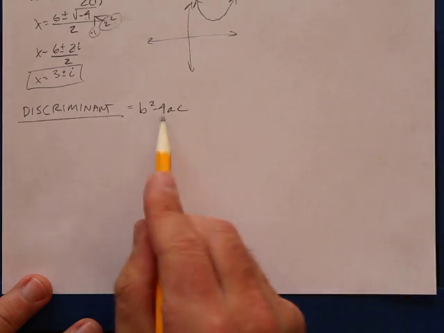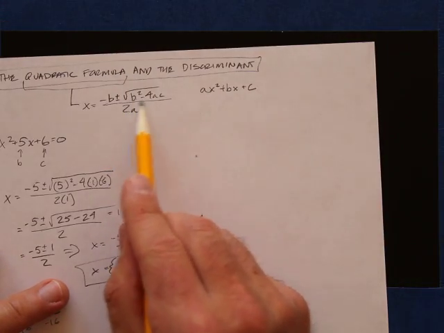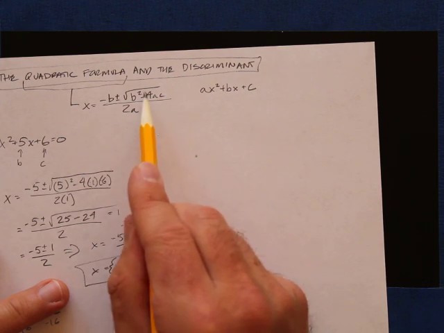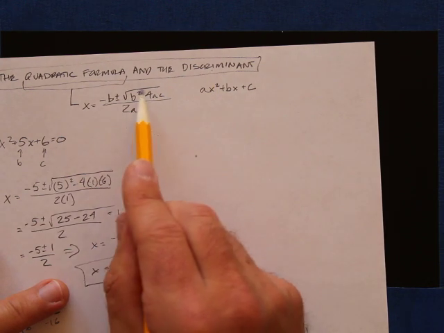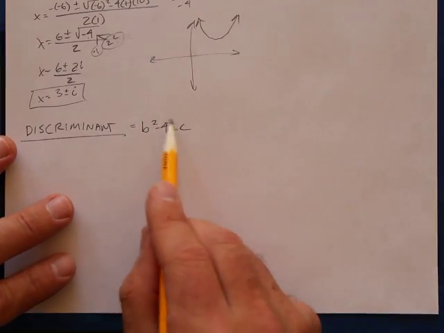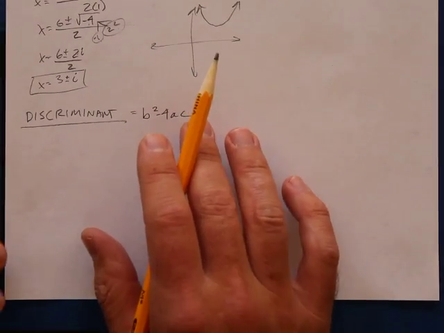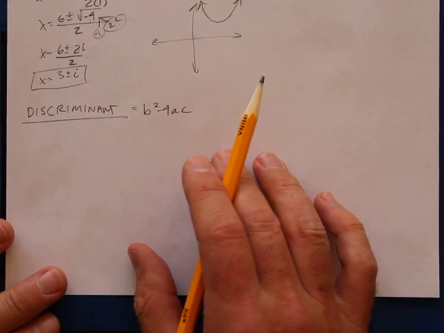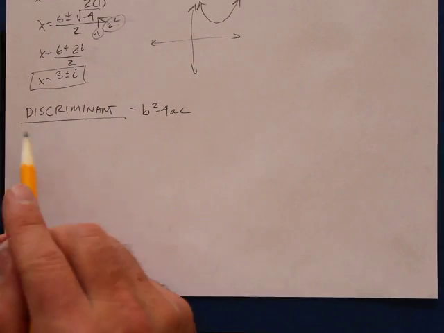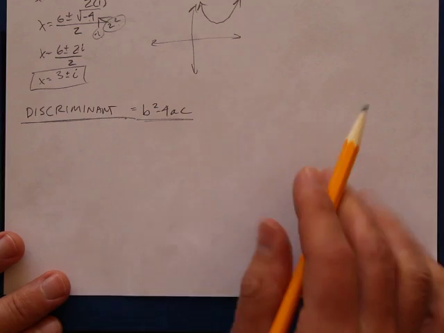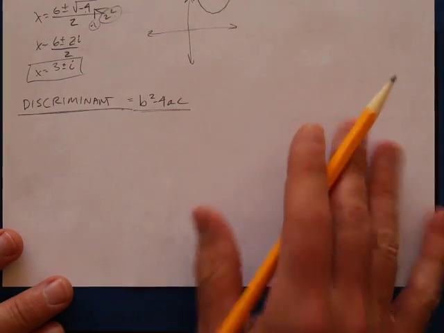Notice this is what is inside the radical of the quadratic formula. The discriminant is what we put inside the radical of the quadratic formula, and what this tells us is what kind of roots we have. We use the discriminant to find out what type of roots we're going to find.